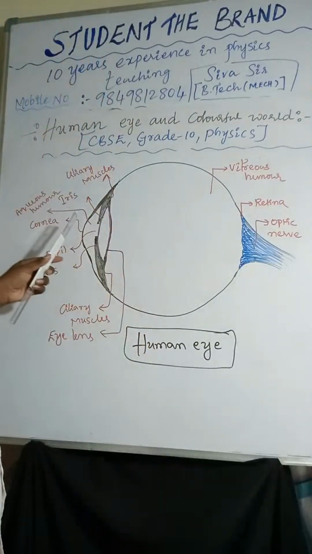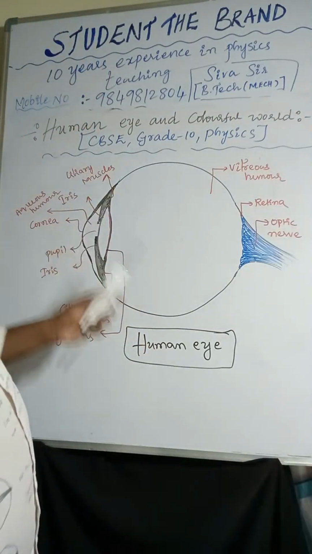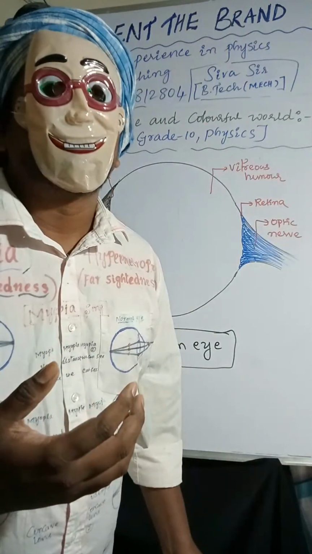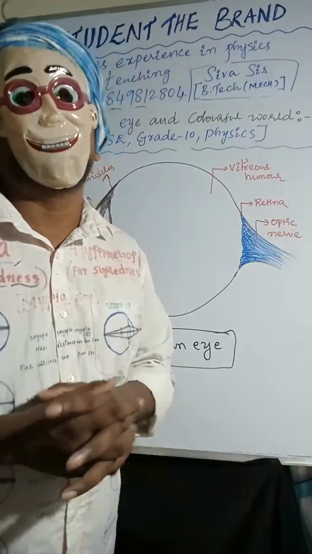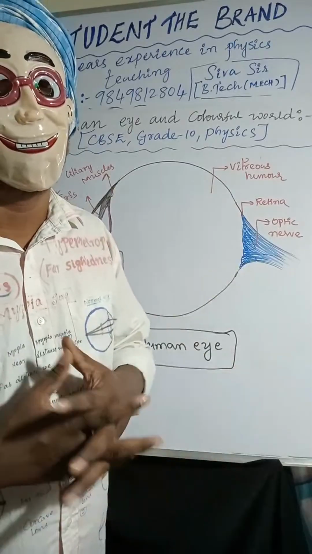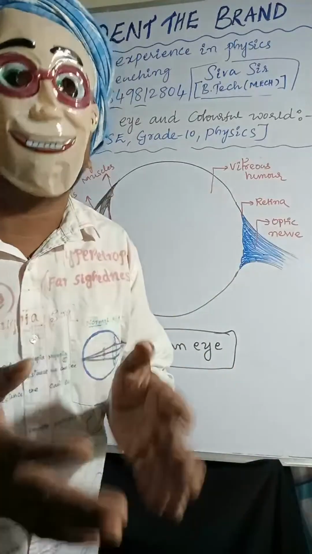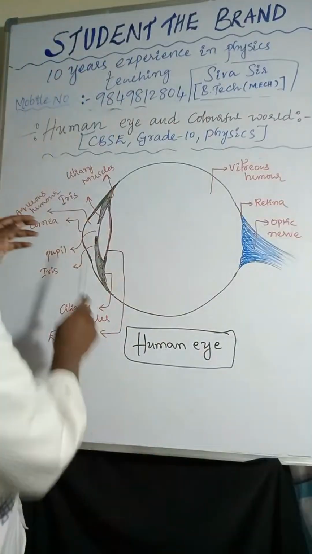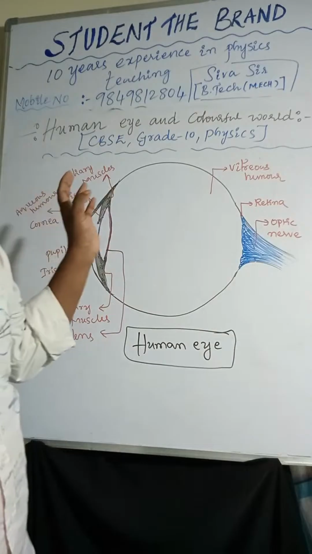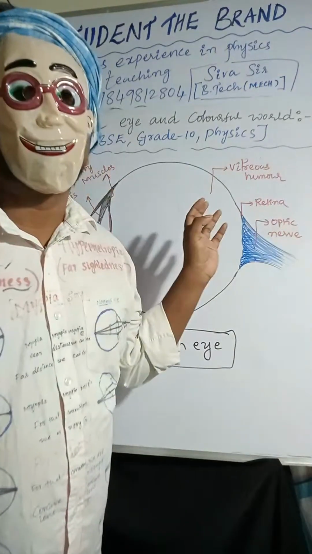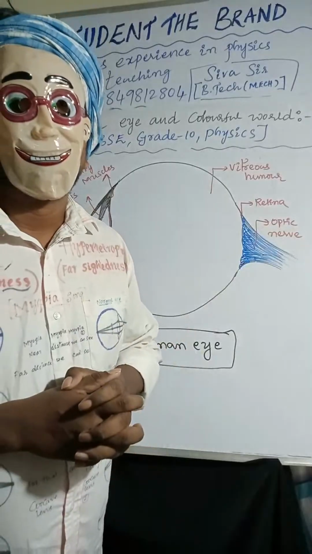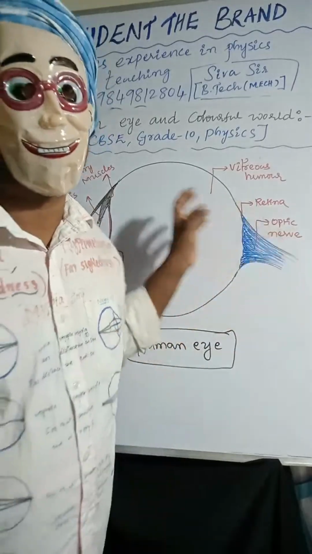It gives the sufficient blood and nutrition to the central cornea.